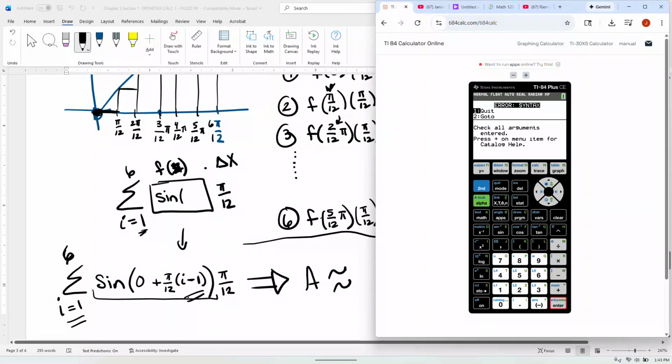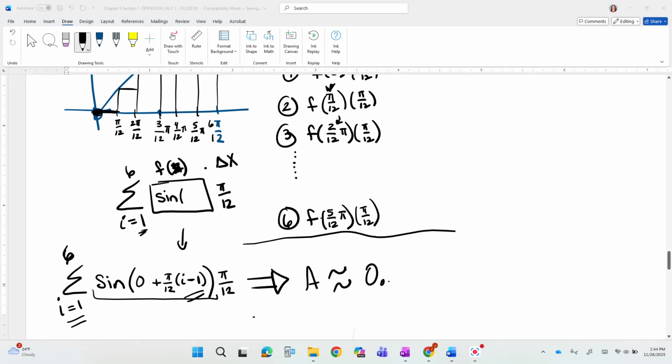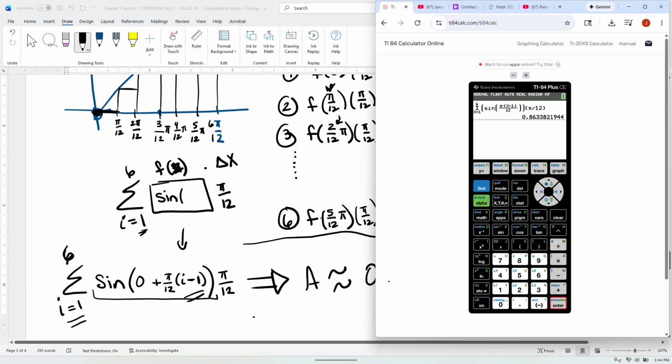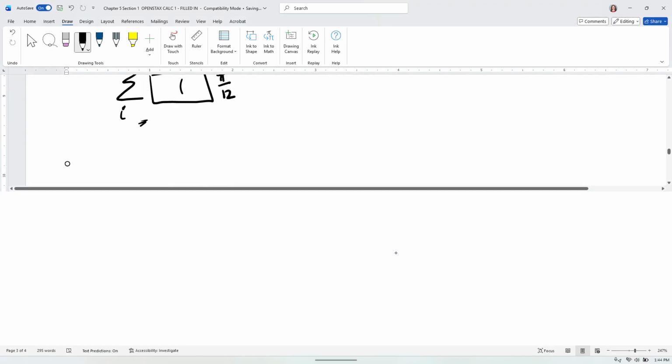Either way, too many parentheses. Open, close, open, close. There we go. 0.86338.